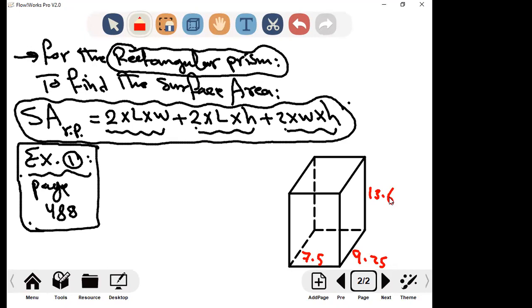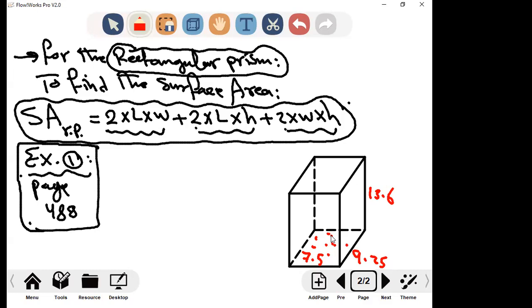Focus now with me. I can find the surface area without following the formula, by adding the areas. Let's start with down here, the base on the floor. See it? What's the area of this face? Length by width, 7.5 multiply 9.25, right?